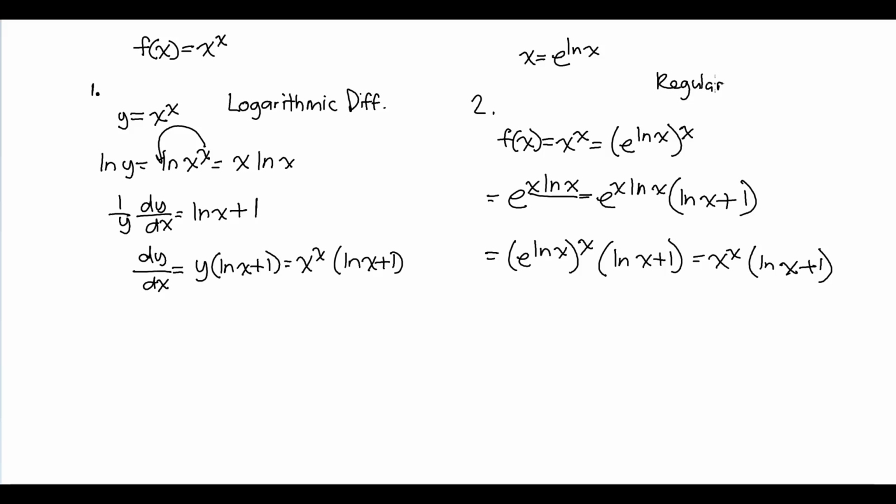Suppose we want to find the minimum value of this, or a maximum, any extrema. This function is only defined for positive real numbers, not 0, since ln of 0 doesn't make sense.